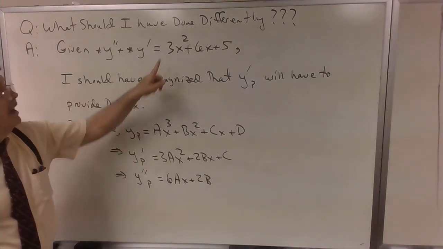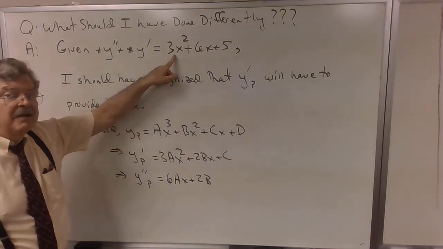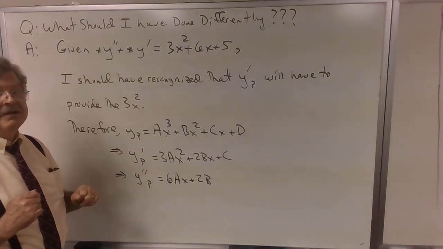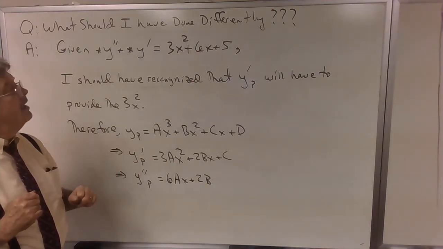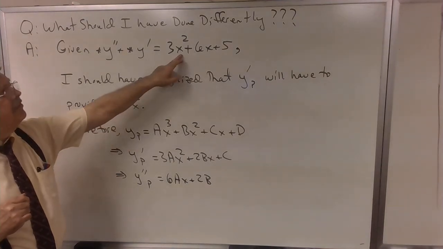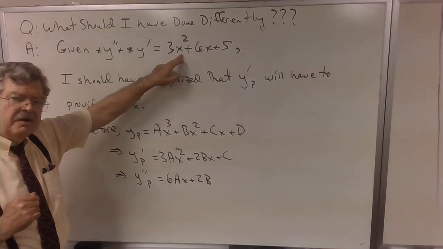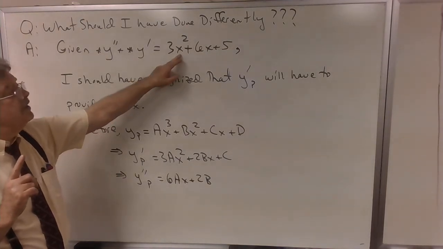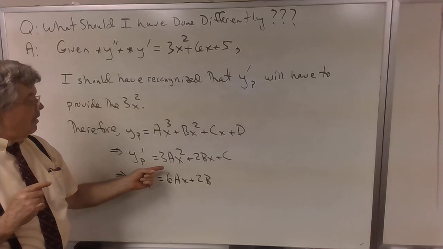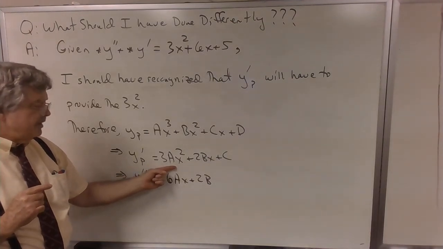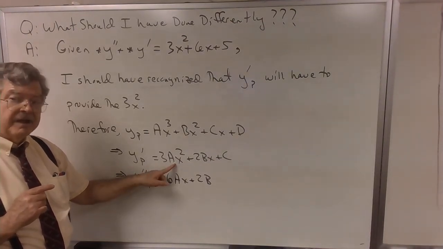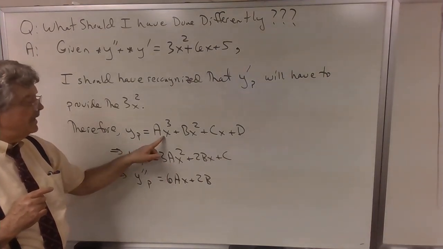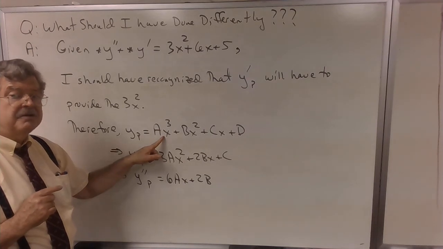Instead of saying, aha, this is a second degree polynomial, so my particular solution will be a second degree polynomial, I'm going to say, this is a second degree polynomial, but since I don't have a y term over here, the derivative of my particular solution will have to be a second degree polynomial. And my particular solution will actually have to be a third degree polynomial.